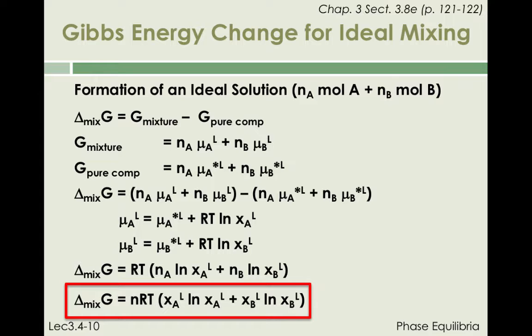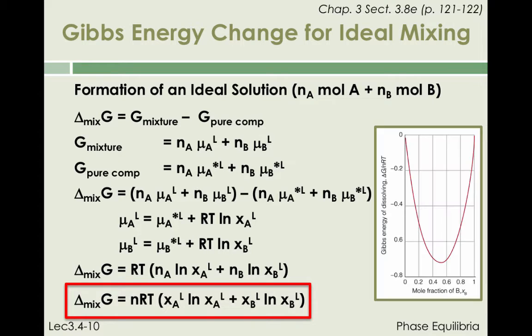The Gibbs energy change upon mixing divided by nRT is plotted as a function of the mole fraction of A in solution on the right hand side. We can readily see that for all compositions, the Gibbs energy change upon mixing is negative, indicating that mixing is spontaneous.